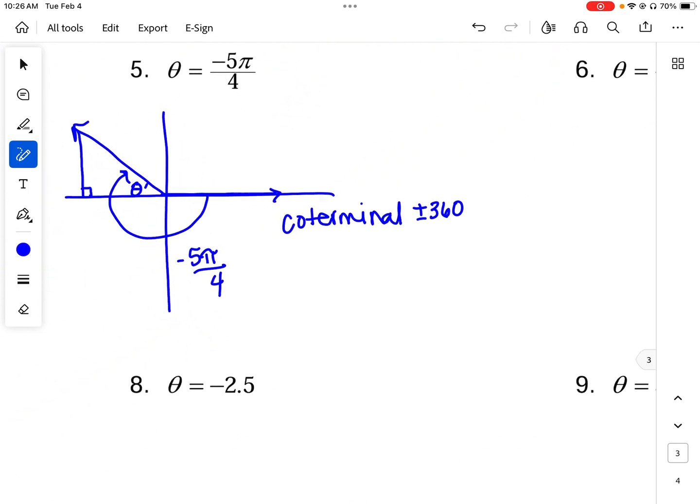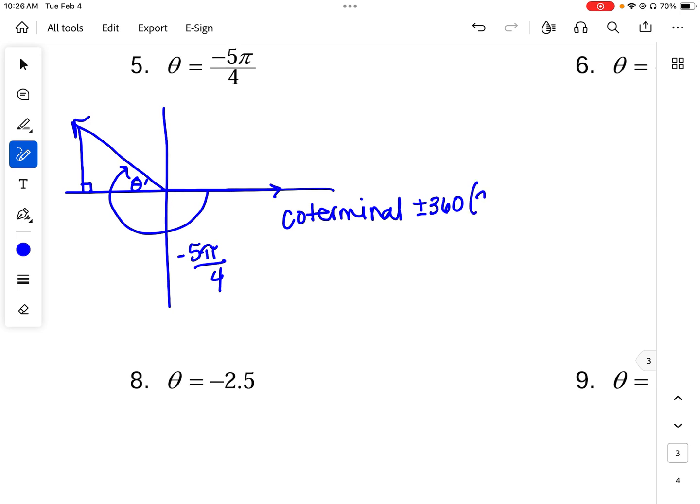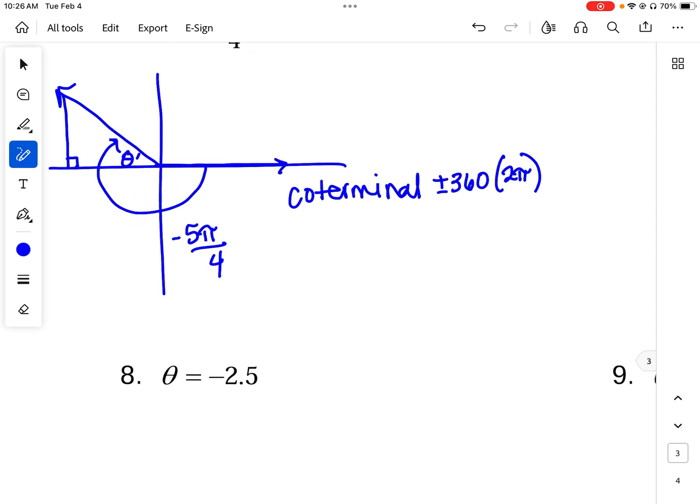So let's find the coterminal angle by adding 360, which is really 2 pi, because it has to be in the right mode. So I'm going to do negative 5 pi over 4 plus 2 pi. We have to multiply times 4, so it'd be 8, and that'd be 3 pi over 4. Much better.